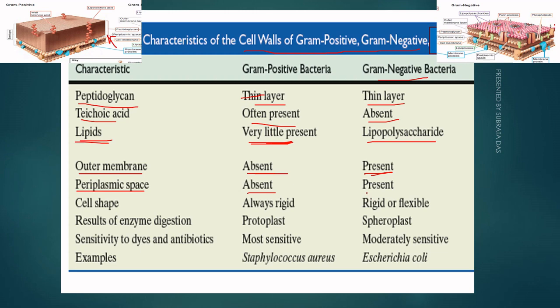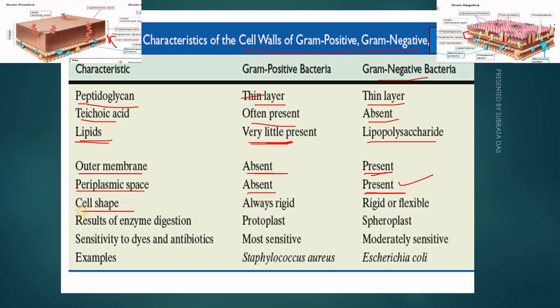But in gram negative bacteria, the space between the outer membrane and cell membrane, between these two structures, the peptidoglycan layer is very small. So in that portion the space is comparatively large in gram negative bacteria. That's why periplasmic space is mainly present in gram negative bacteria.